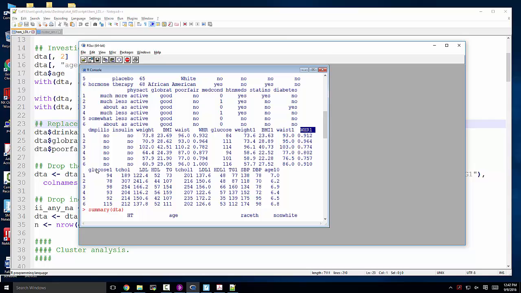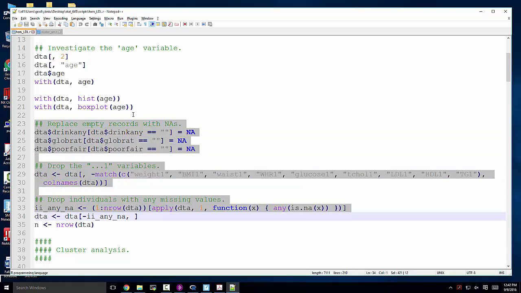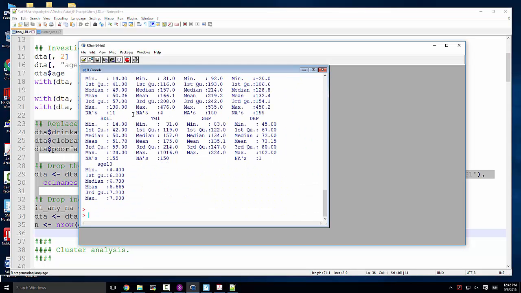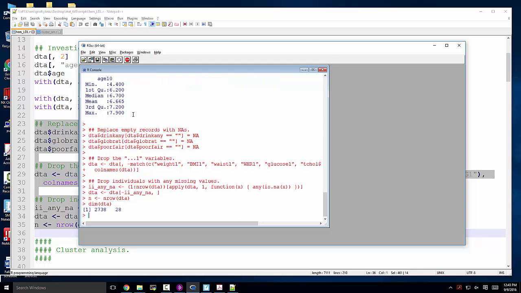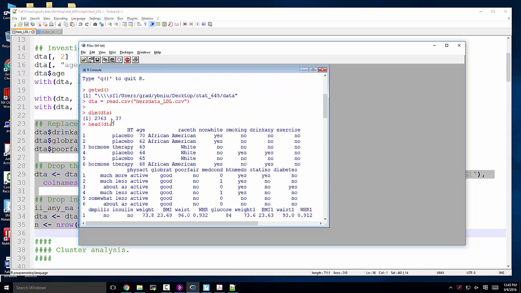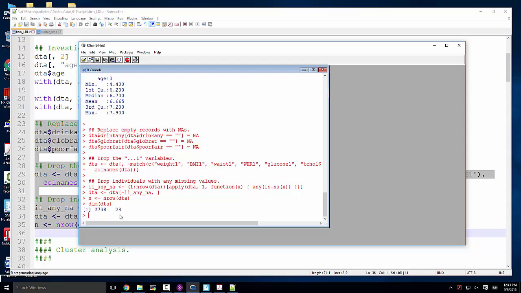And I'm getting rid of all those variables that have a 1 at the end. So I'm going to run this. And now we have 2,738. So we lost 15 individuals. And we have fewer columns because we got rid of some of them.